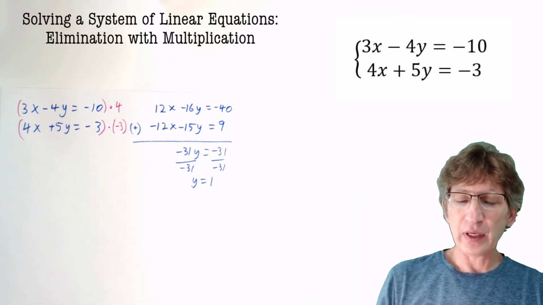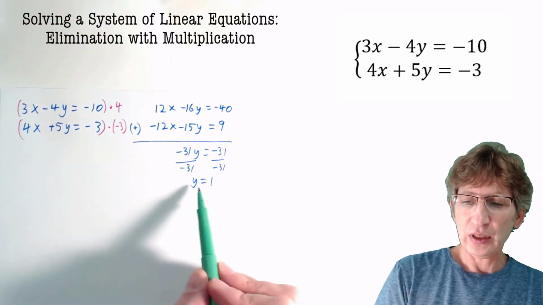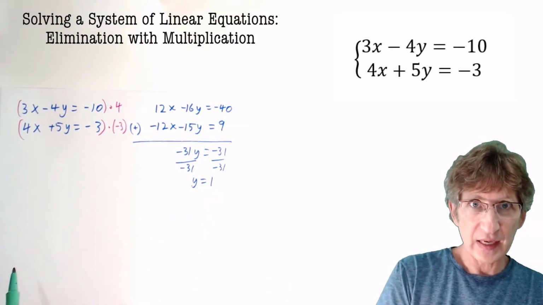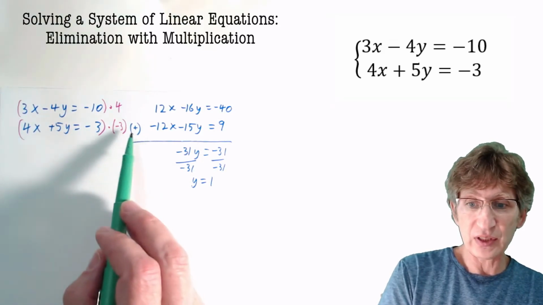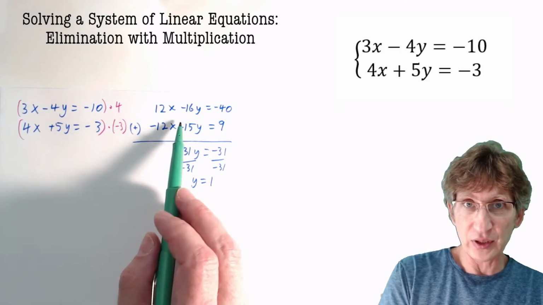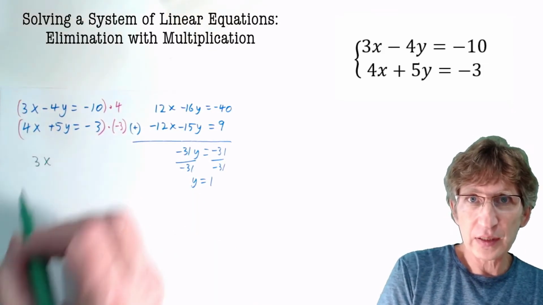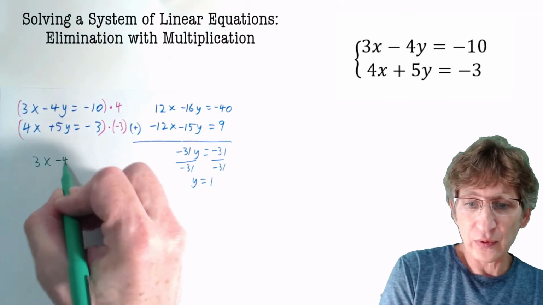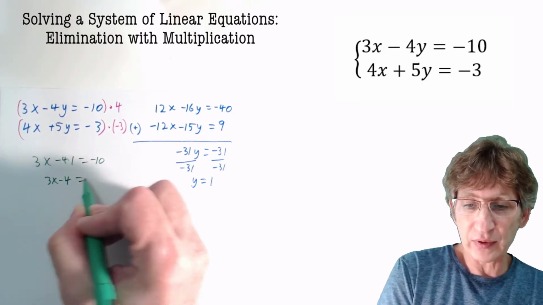Now I rewind and go back to the original equations to use my value of y so I can find x. We always go back to the original equations just in case we made some error converting the equations when we multiplied. 3x minus 4 times 1 equals negative 10. 3x minus 4 equals negative 10.